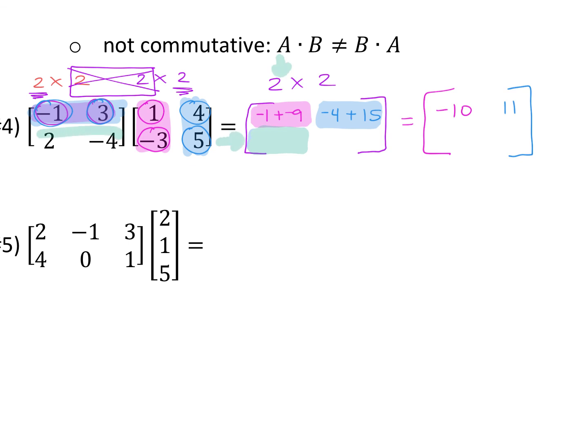So you go second row, first column. Okay, which means we are doing 2 times 1 is 2, and -4 times -3. -4 times -3 is a positive 12, and we're adding those together, so that will be 14.